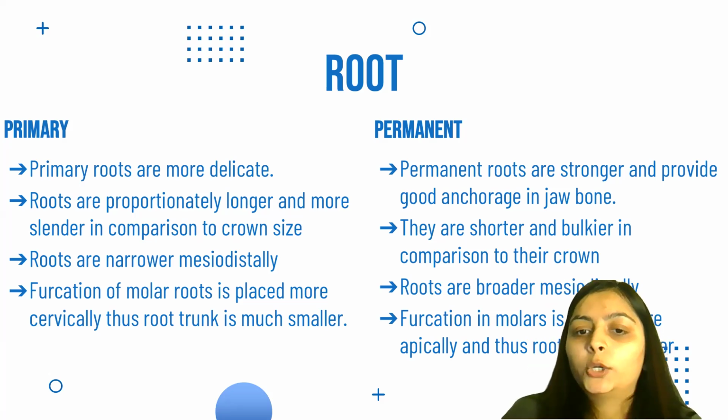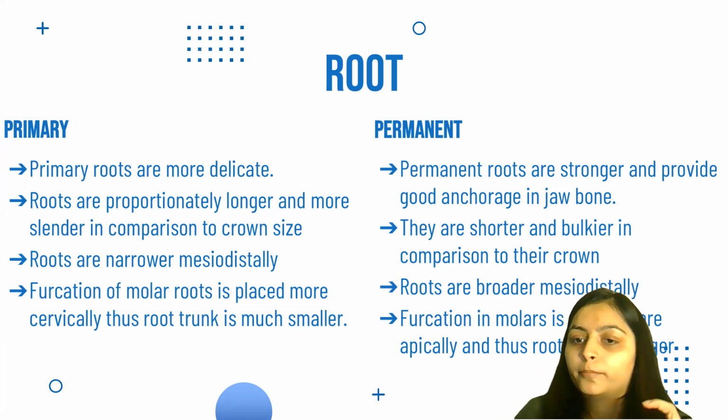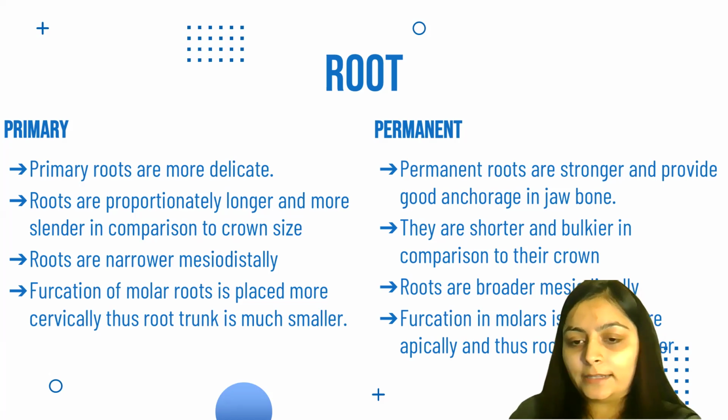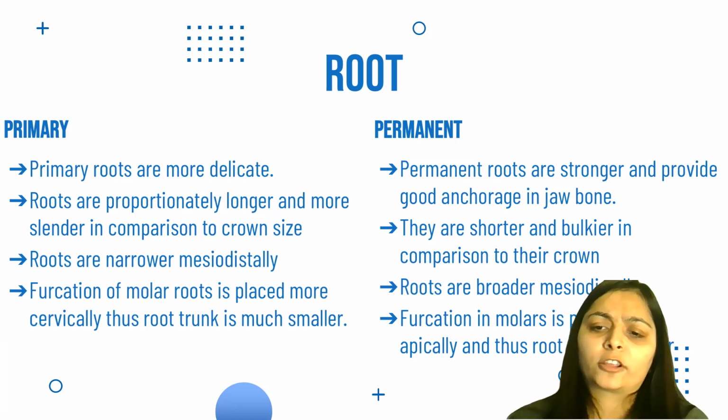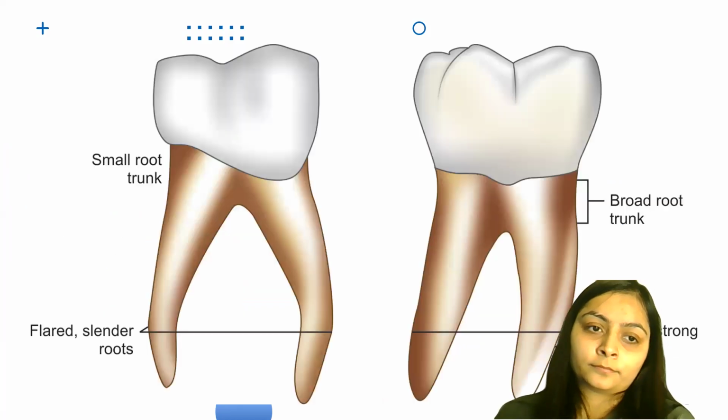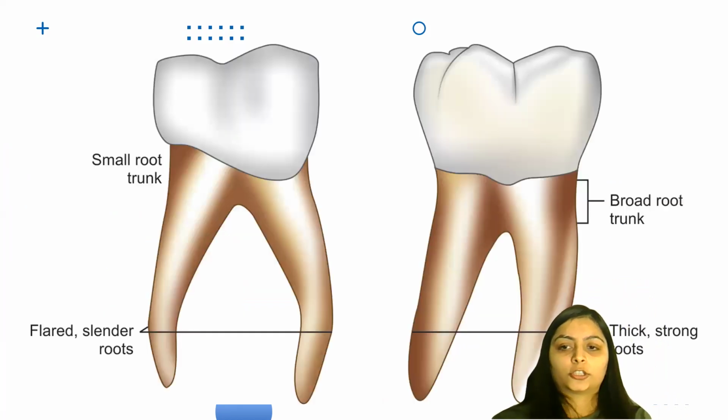Permanent tooth roots are shorter and bulkier in comparison to their crown. Roots are broad measured distally, and the furcation of the molar is more apical. See, smaller root trunk in primary, and in permanent there is a broad root trunk. They are flat, slender roots because they have to accommodate the permanent developing tooth bud in their furcation area.